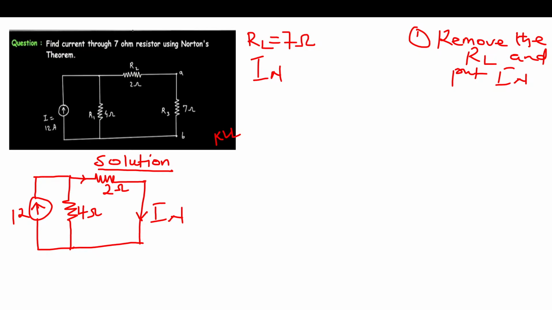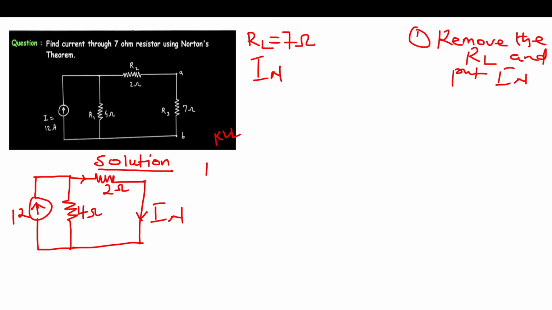Okay, it's the same current here. Now we know the total current coming to be 12 amps. If we use current division, it's going to be way simpler, right? Good. So to find the current IN, that's the current passing through this 2 ohm resistor here.